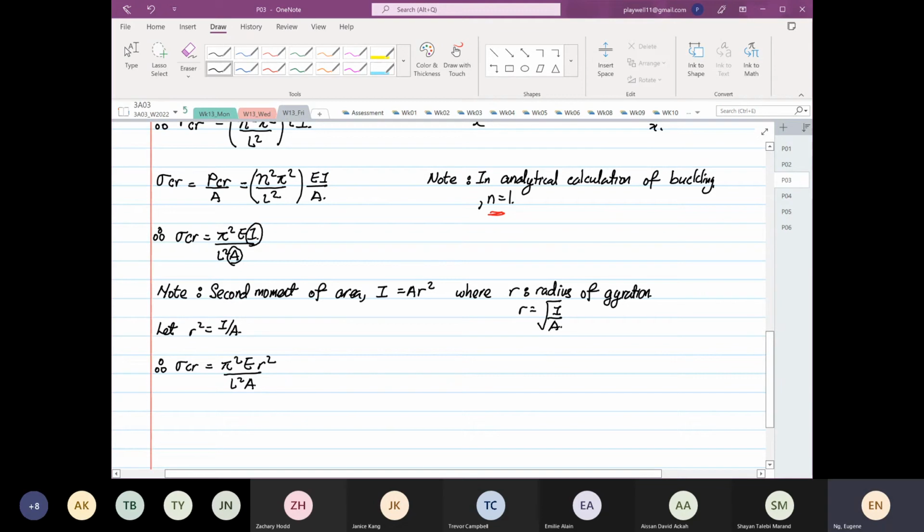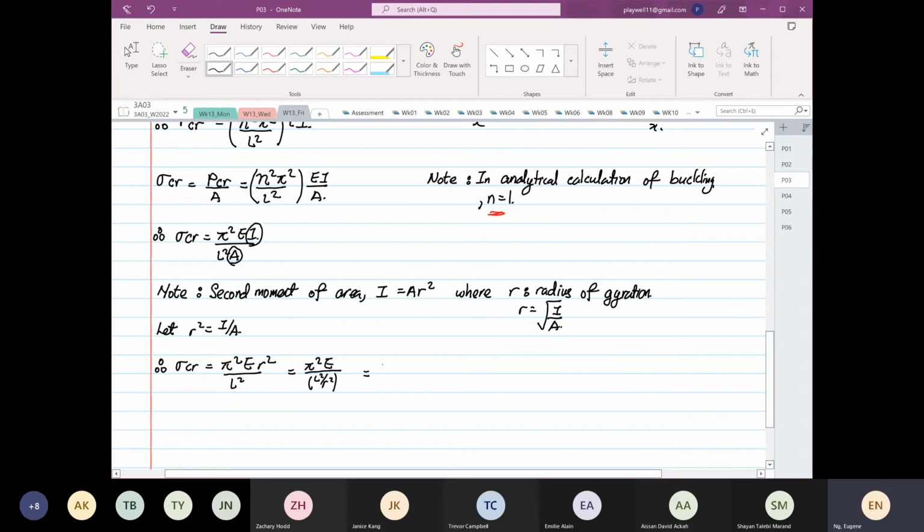The A will disappear, sorry. So this is equal to pi squared E over L squared over r squared.